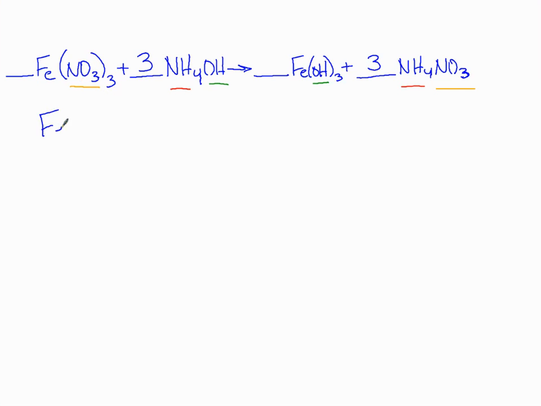So like Fe, and my nitrate is going to be X, plus, let's make NH4 Y and OH Z. And so it's just another way that you can do this. That's what it would look like.